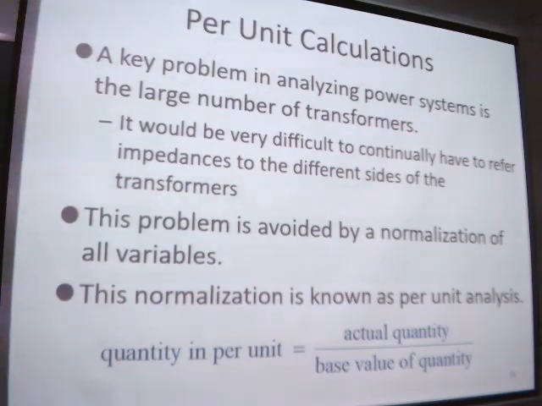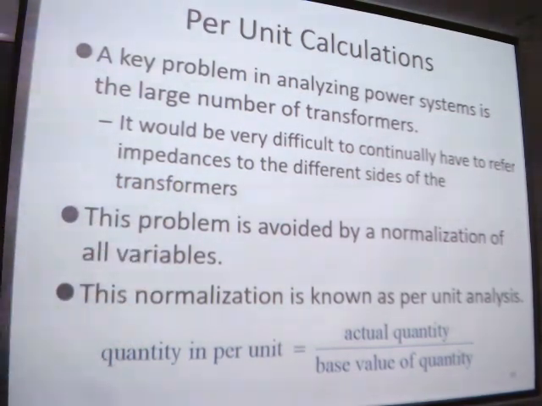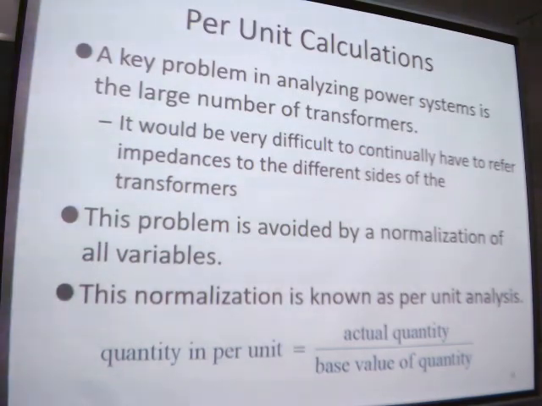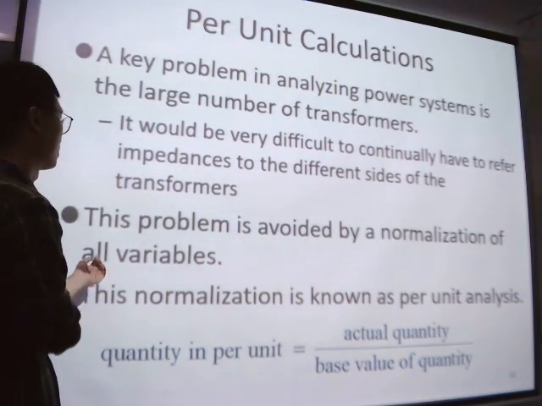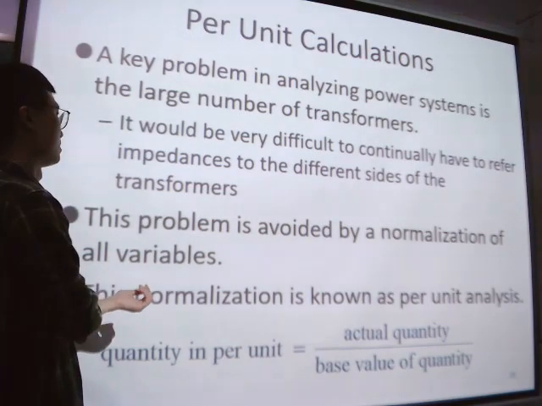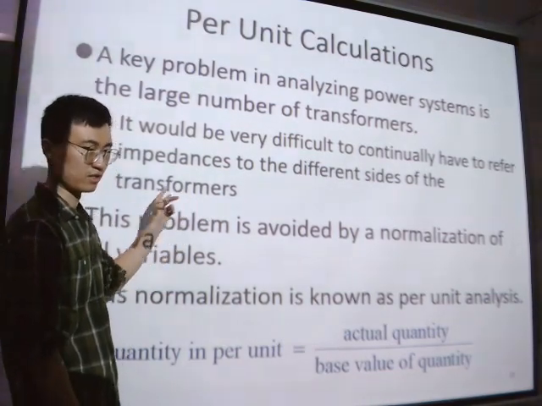Because there are so many levels, we have difficulties referring the impedance, voltage and power range from one side to another side, then to the third side and the fourth side, okay? So it is very difficult to calculate in power systems which contain so many transformers.